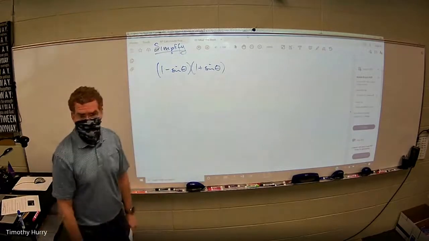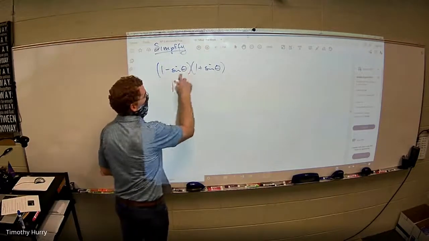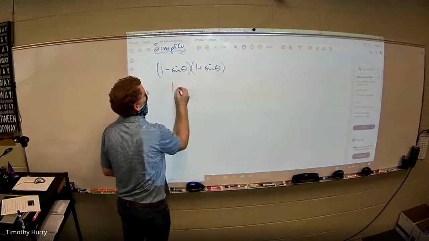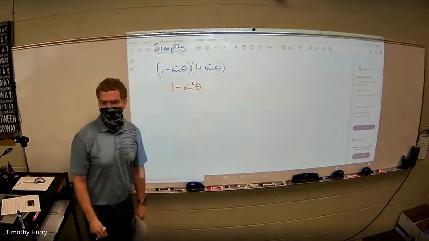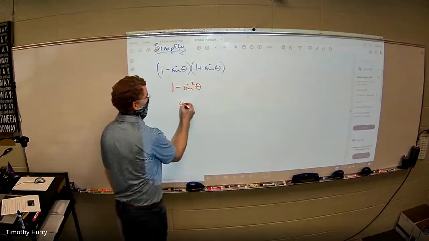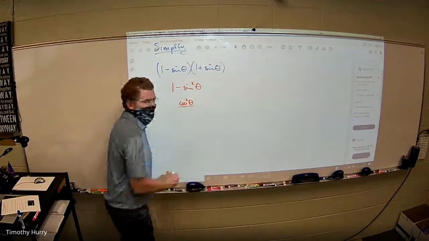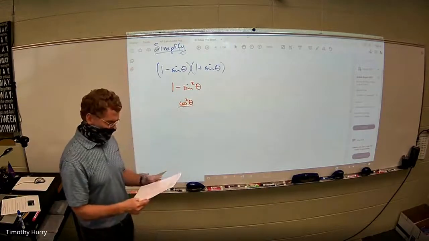Maybe multiply together. So 1 times 1, outer and inner cancel. That times that is negative sine squared theta. Oh, wait, that looks familiar. What's 1 minus sine squared? Cosine squared. Once you get it down to a single term, unless it's on the denominator where you could bring it up, I feel pretty good about being finished.